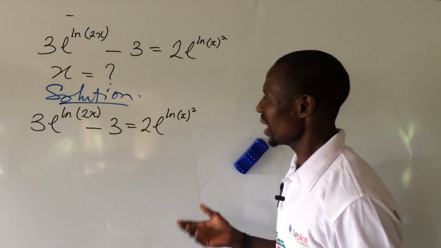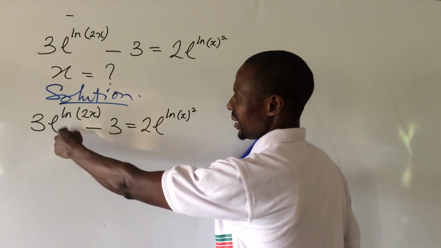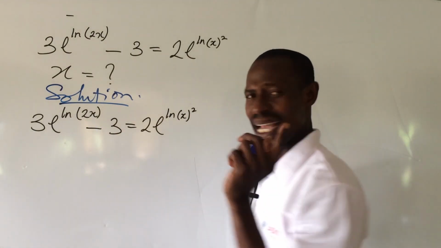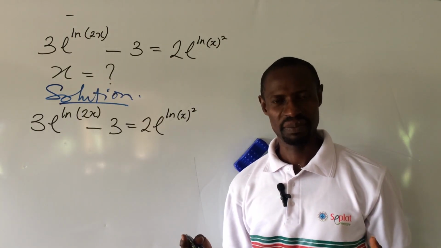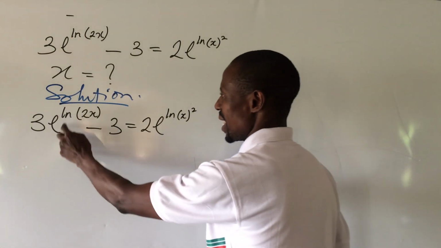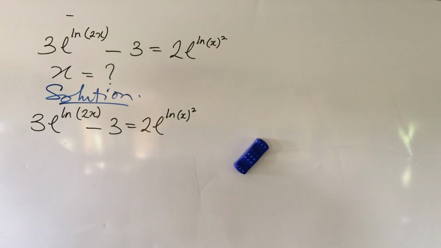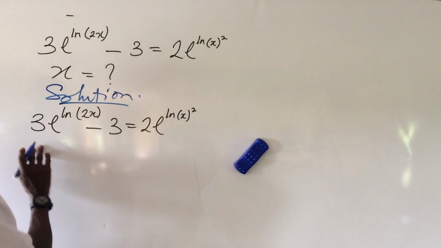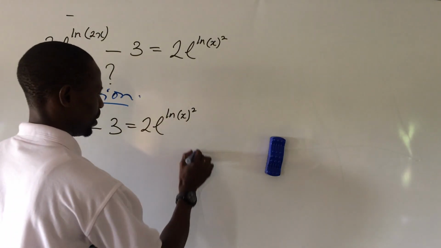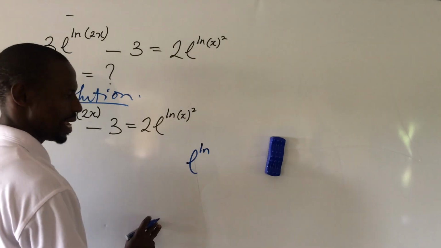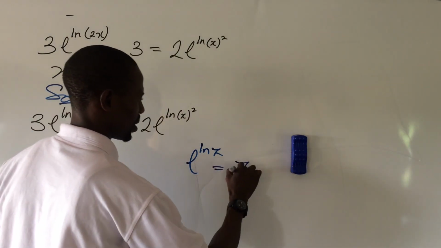Now, if you look at this carefully, you will discover that we're having e to the power of ln. And mind you, e and ln are special logarithm functions, okay? And so this and this will take care of themselves. There is a special identity that says that if you have e to the power of ln z, this will give us z.